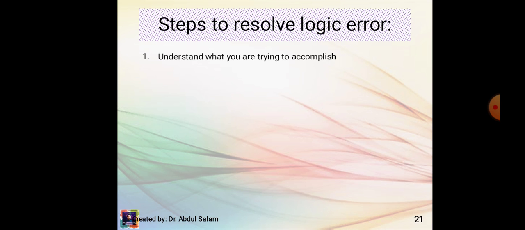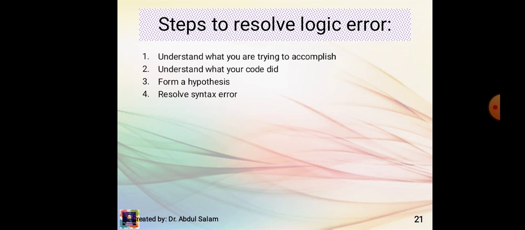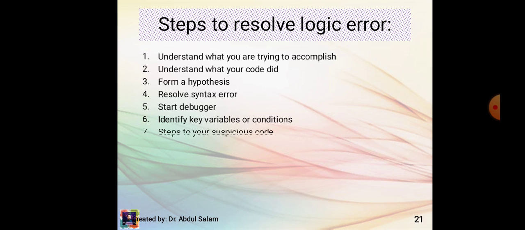Here are some steps to resolve a logic error. Step 1, understand what you are trying to accomplish. Step 2, understand what your code did. Step 3, form a hypothesis. Step 4, resolve syntax errors. Step 5, start the debugger. Step 6, identify key variables or conditions.